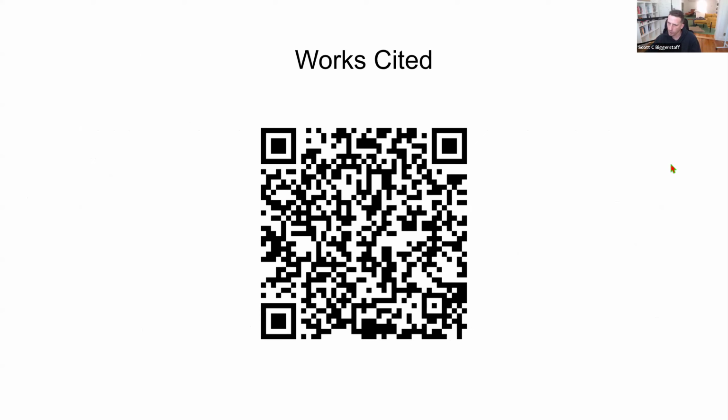And here's a QR code if you want to dive a little bit deeper and read any of the articles that I referenced. I also took at least a couple images from the POCUS Atlas, which I don't think that I noted on here, but they have a little icon in the bottom right of all of their images.